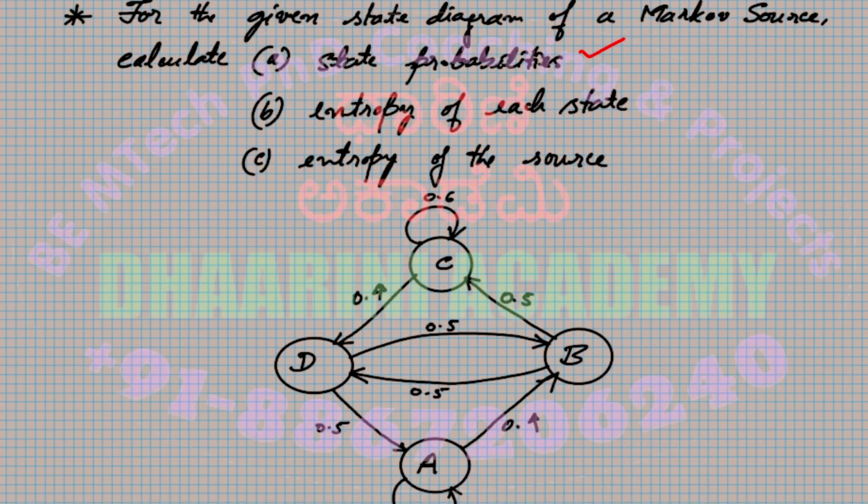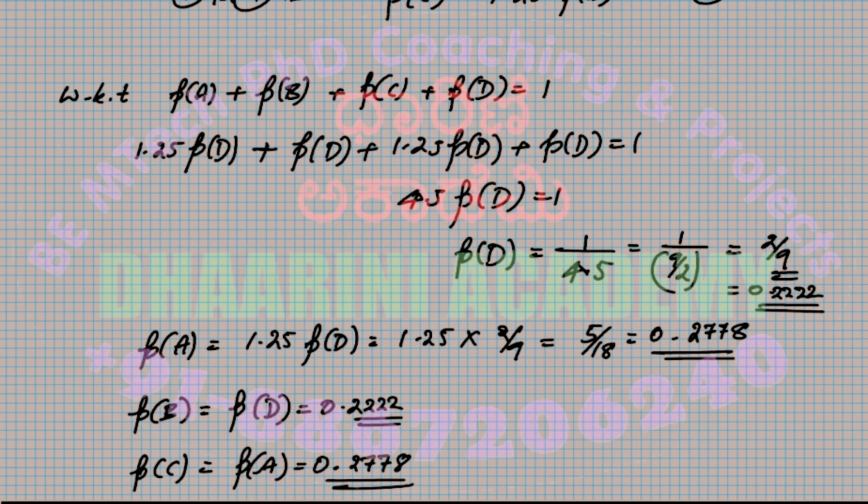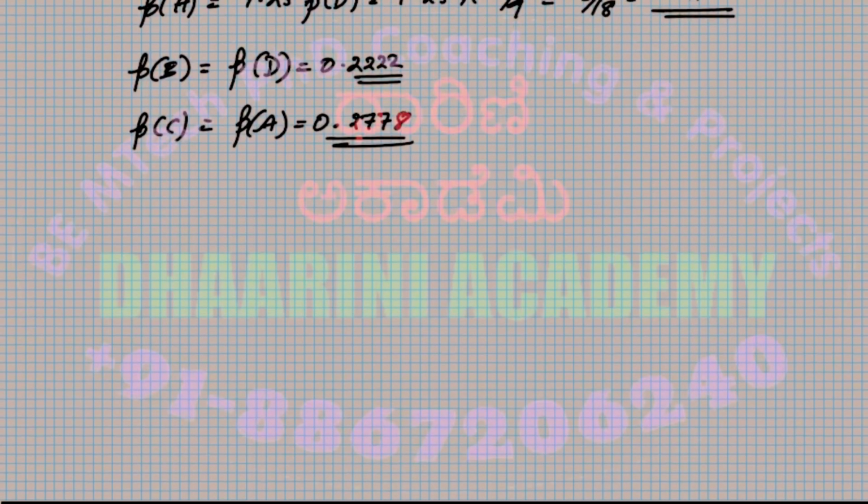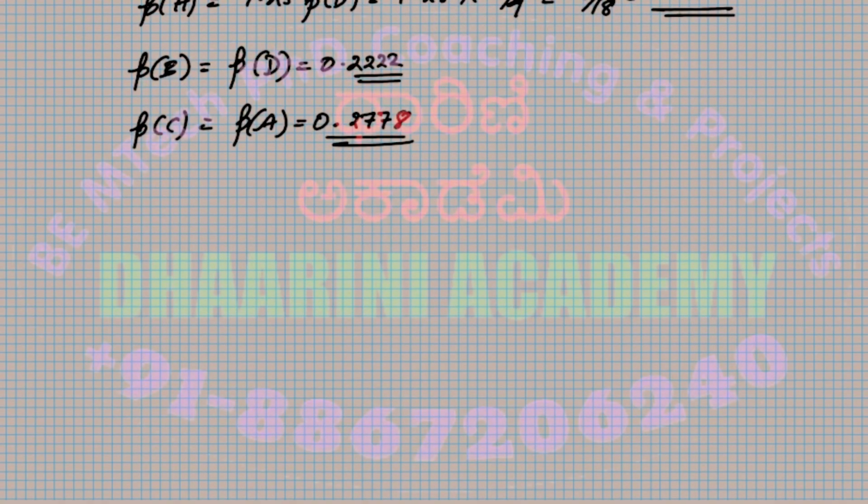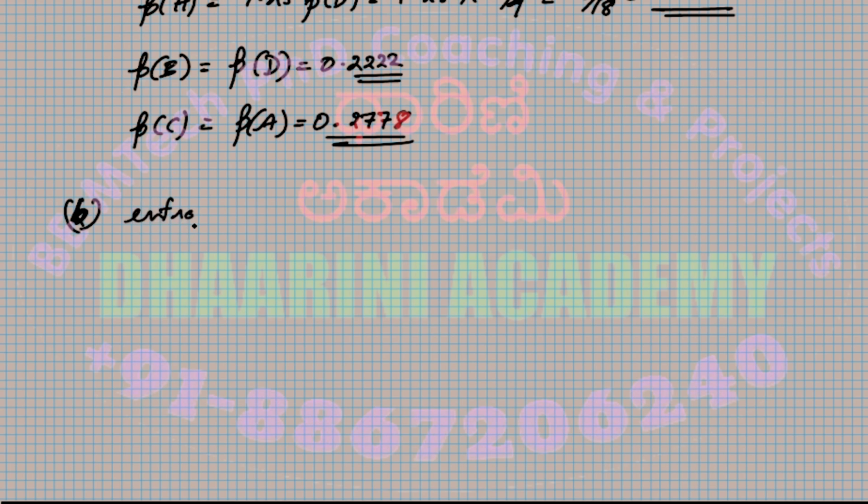The next thing is that I need to find the entropy of each state. Let me write a general equation for that, which we can apply to any problem. This is part 2 or B in the question. The entropy of any state i can be calculated, denoted as Hi.